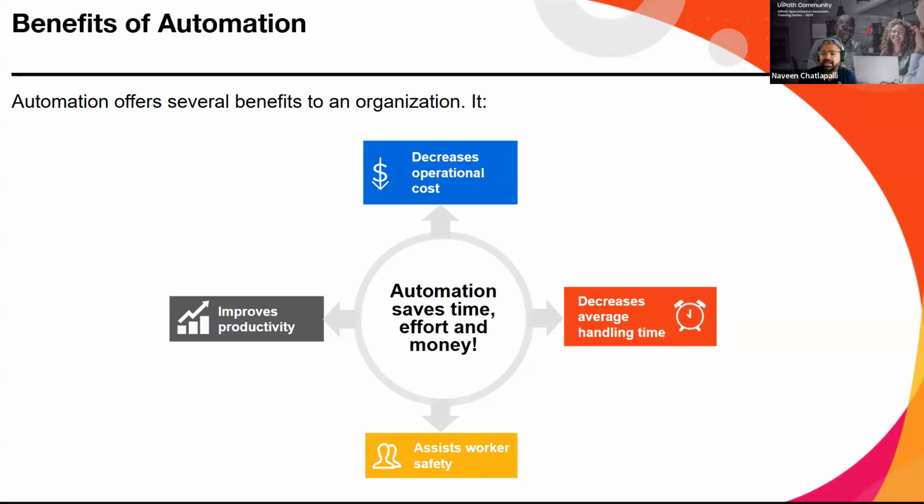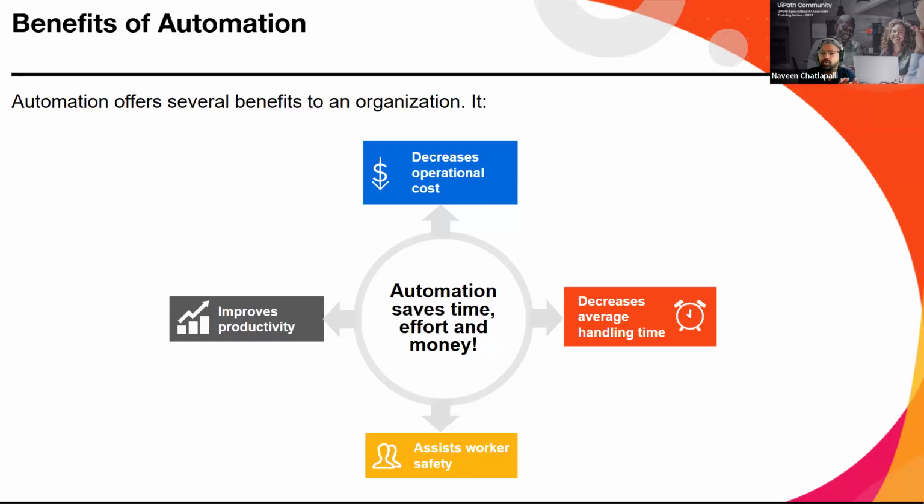So humans need rest, but machines and automations don't need rest, right? So in that way, it is also decreasing the average handling time of any operation, and assisting worker safety. There are certain places where humans cannot go, like some electrical manufacturing or things that are very dangerous for humans to tackle.